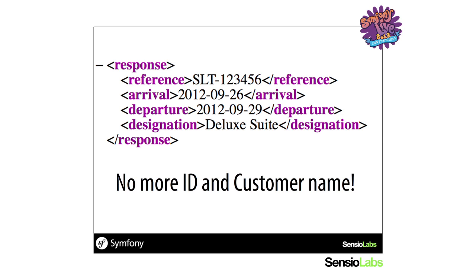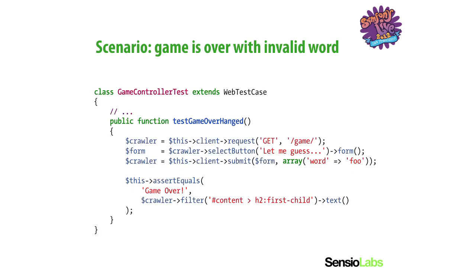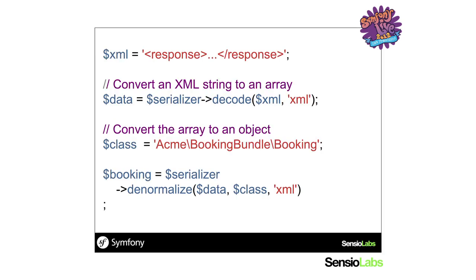If you want to unserialize the object, so if you want to do the inverse process, you have your XML response or your JSON response. So you have to decode your XML response first. So you have to convert it to a PHP array. So data is a PHP array, and then with the denormalize method, you can convert this PHP array to an object.